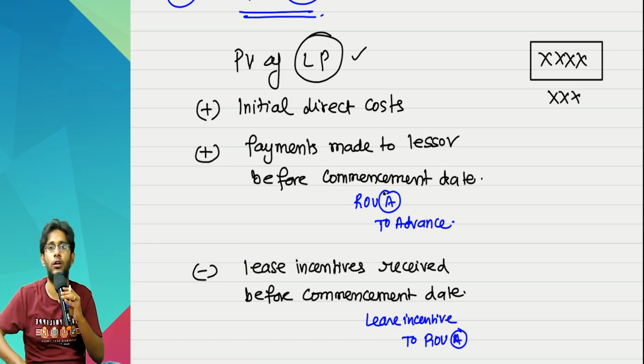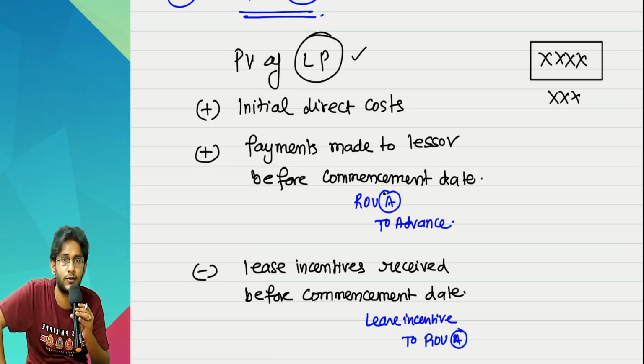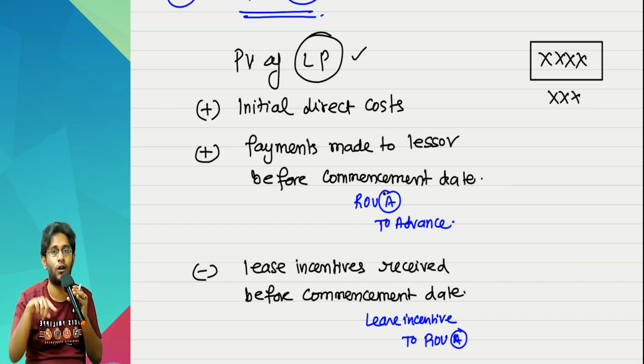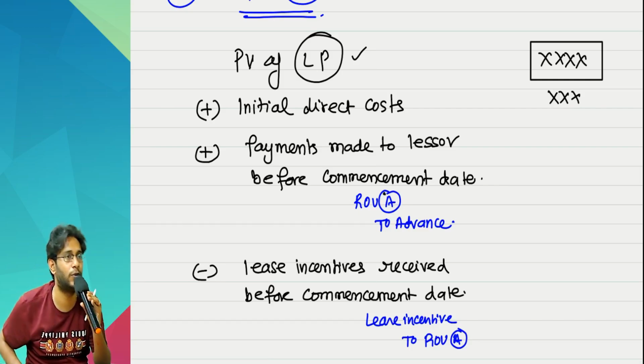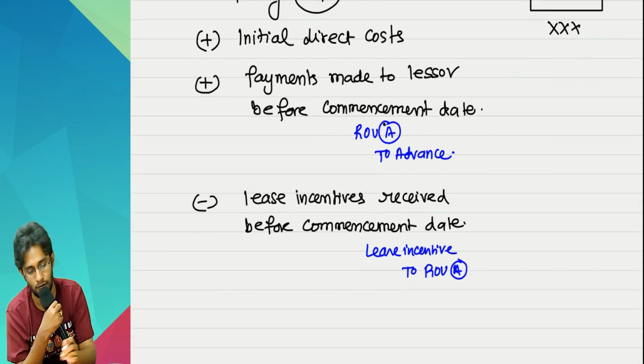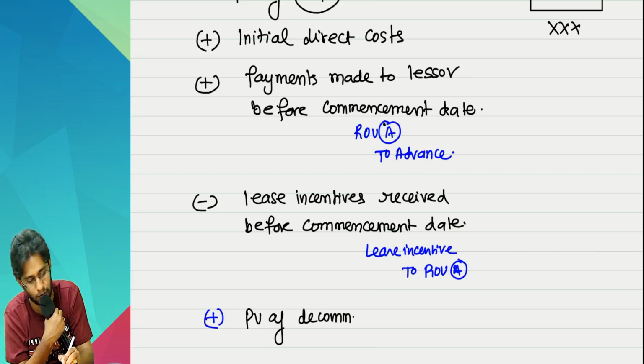Suppose you took a nuclear power plant on lease which is valid for a period of 20 years. Once 20 years is over, you have to dismantle that and restore the entire environment back to original condition. There is a decommissioning liability. You know what is to be done with that? Add the present value of decommissioning and restoration cost.